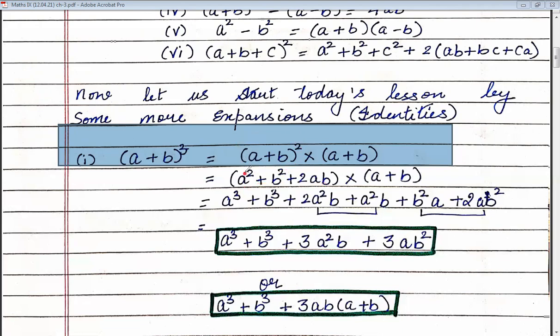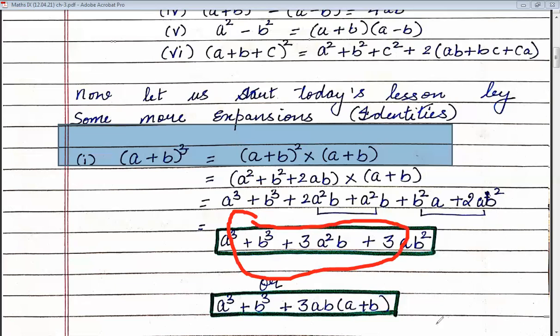A square into a is a cube. Then you multiply b square into b, which is b cube. Multiply each of these terms with the expression, and when you solve it, you will get your final answer as a cube plus b cube plus 3a square b plus 3ab square.